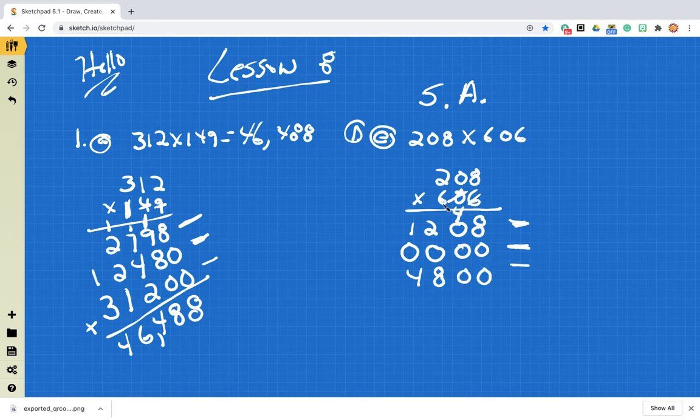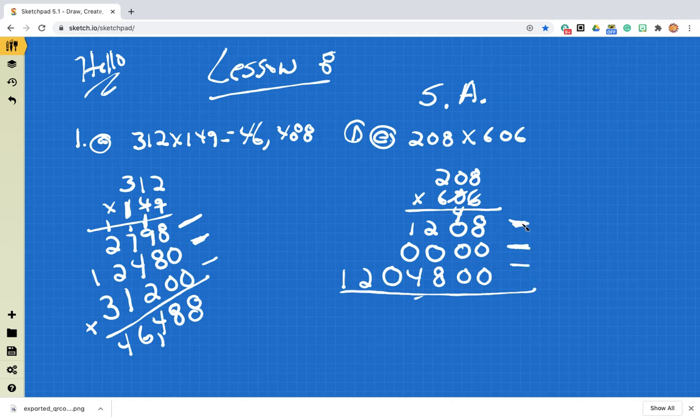Right? 600 times 0 tens is going to be 0, so it's 0 ten-thousands. And 600 times 200, 6 times 2 is 12, 100 times 100 is 10,000, so that's going to be 120,000. And now I'm going to add them up.